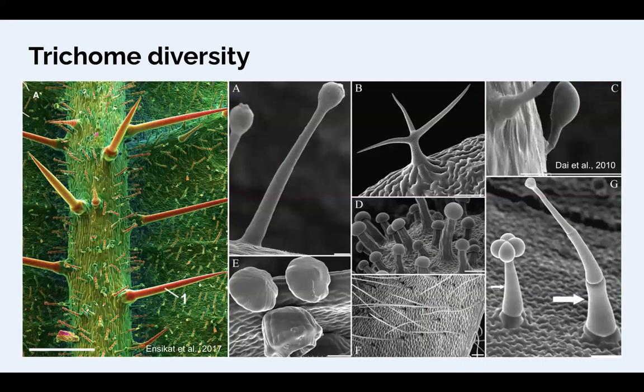As I mentioned, the ones with glands on them can be used to secrete scents or toxins or attractants or something sticky to entrap an animal visitor. And we saw cases where seeds are dispersed with hooked hairs to grab onto animal fur. Some of them may be a deterrent to animals chewing on the leaf surface of a plant. So just a really wide variety here.